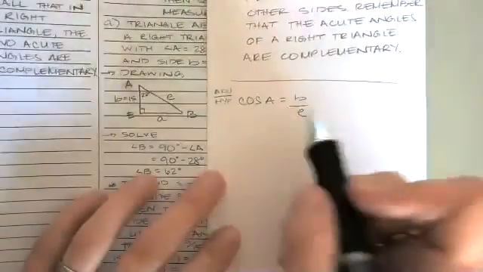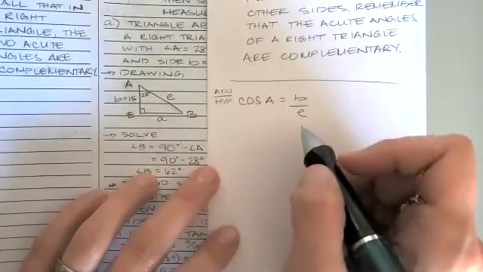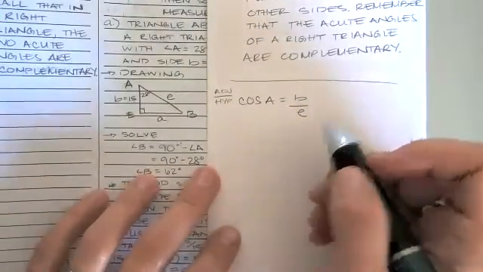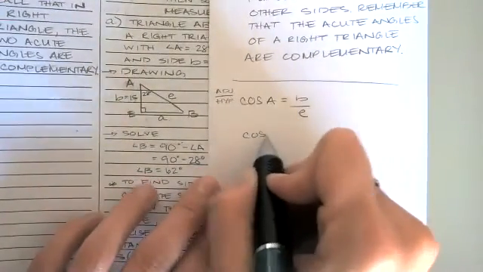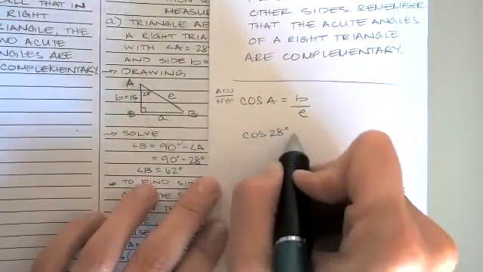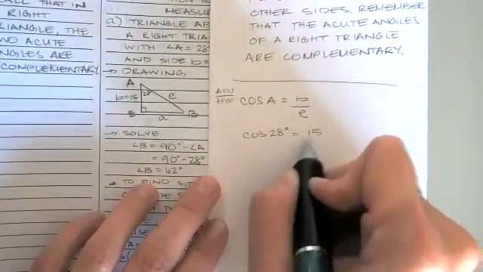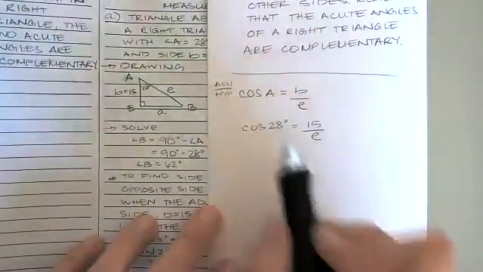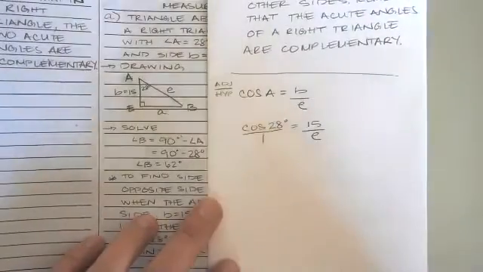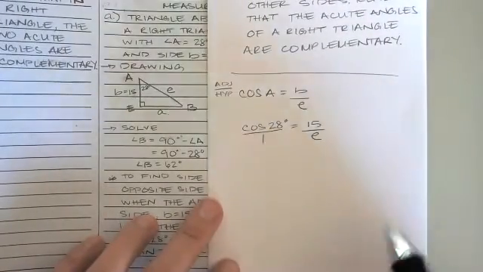Inconclusive. Okay, so I'm going to move forward, and if you have a question, don't hesitate to stop me. The cosine of angle A, which is 28 degrees, equals 15 over E. I'm going to treat this as a proportion and cross multiply.